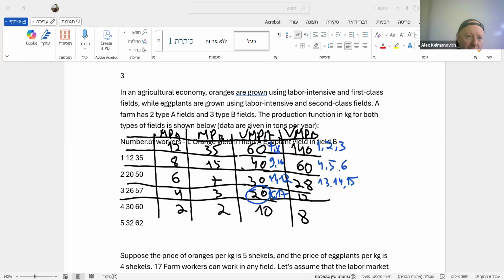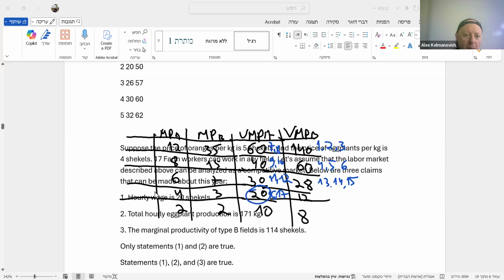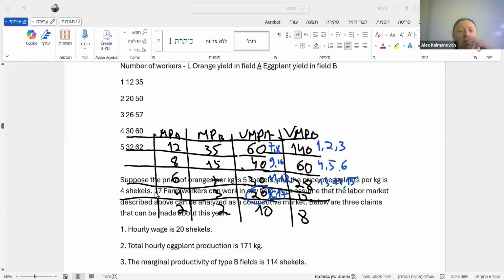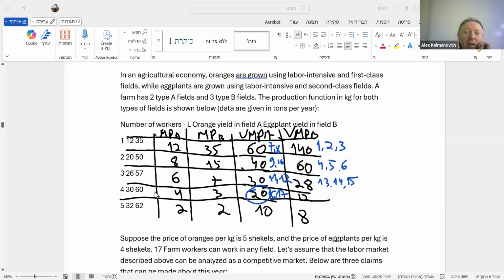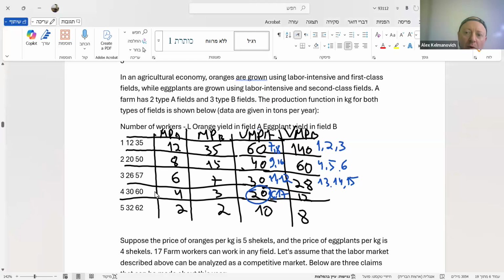The second statement is the total eggplant production is 171. Eggplant is field B. In every field we have 3 labors, right? In field B, we have 3 labors.